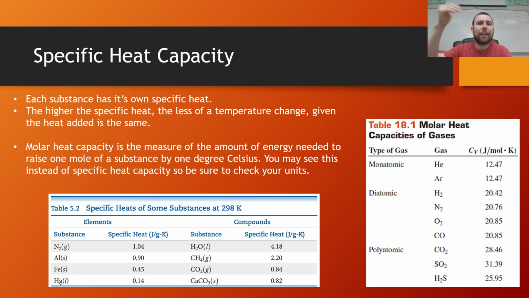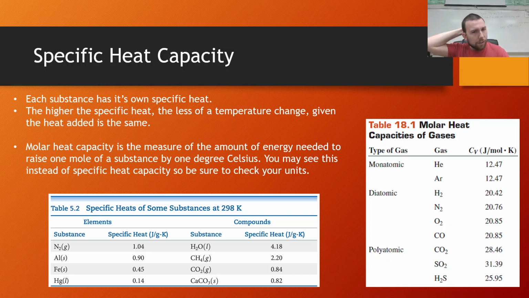So obviously, the higher the specific heat, the smaller change in temperature that object's going to experience, right? Low specific heats mean that an object can experience greater temperature changes because each amount of energy that's being added is able to raise the temperature much more during that change.